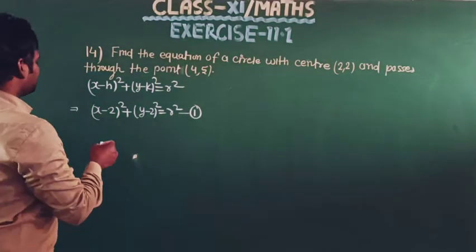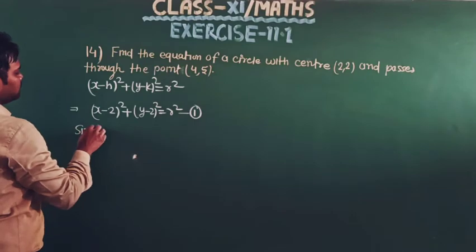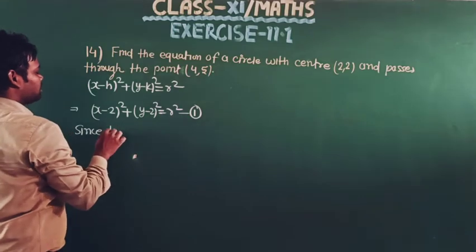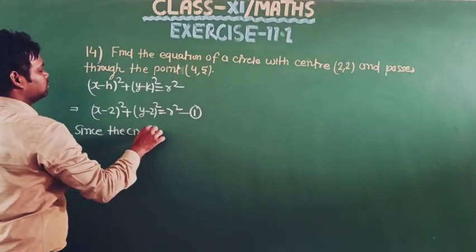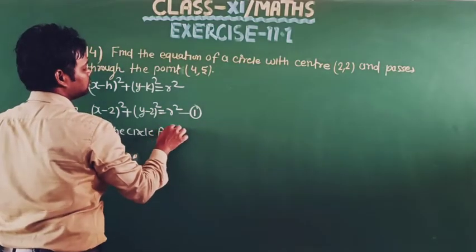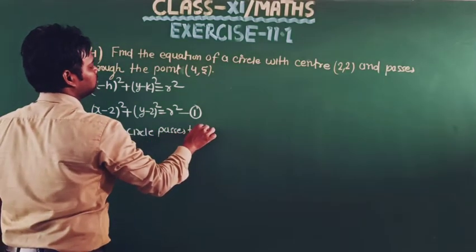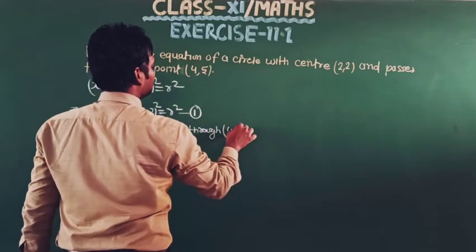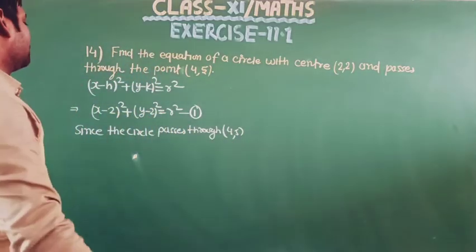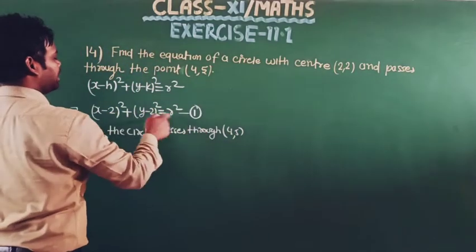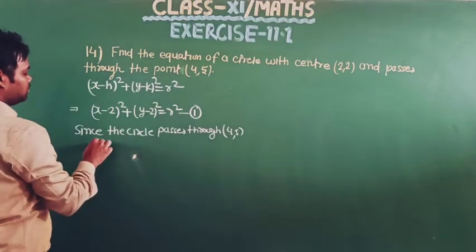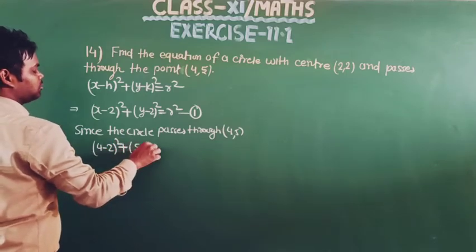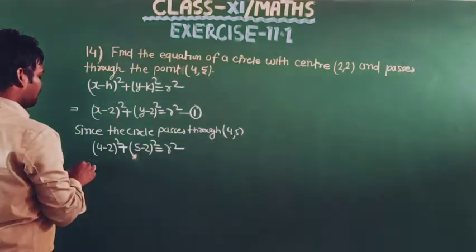Since the circle passes through (4, 5), this means (4 minus 2) whole square plus (5 minus 2) whole square equal to r square.